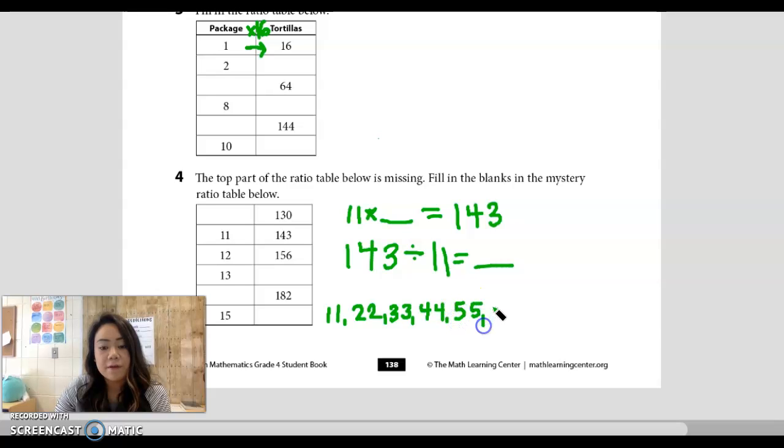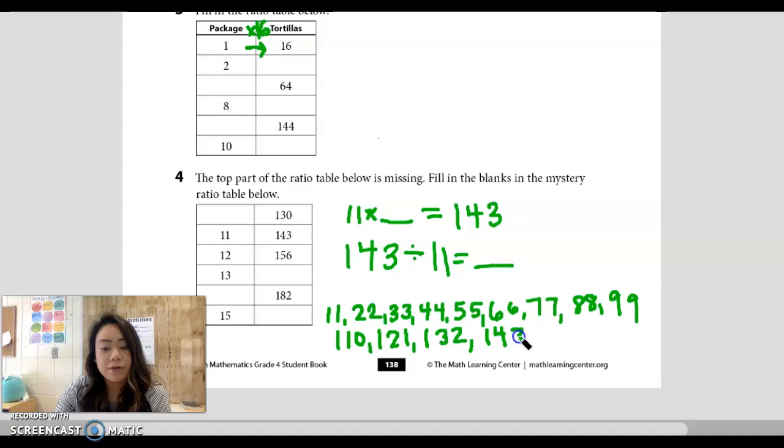55, 66, 77, 88, 99. I'm not there yet. 110. 11 more would be 121. 11 more would be 132. 11 more would be 143.